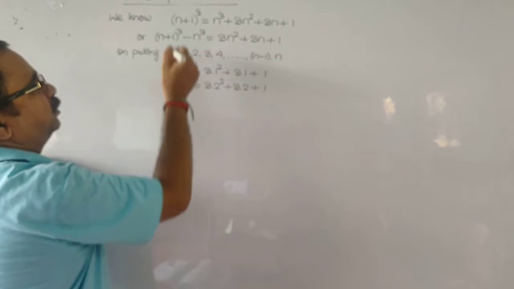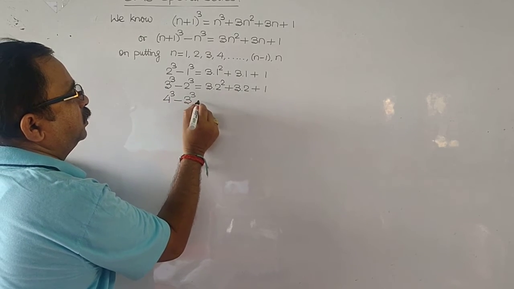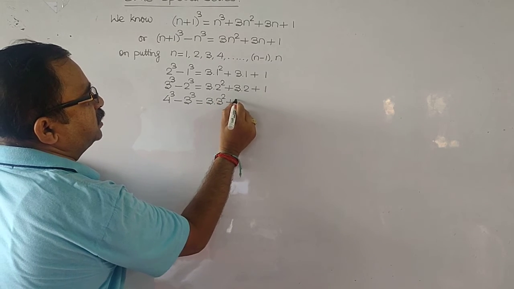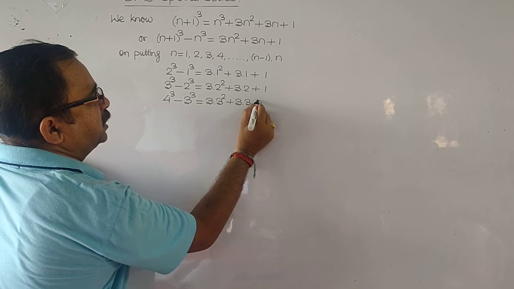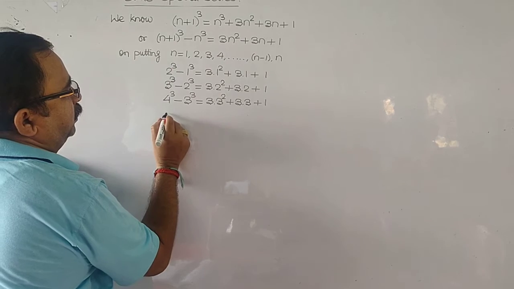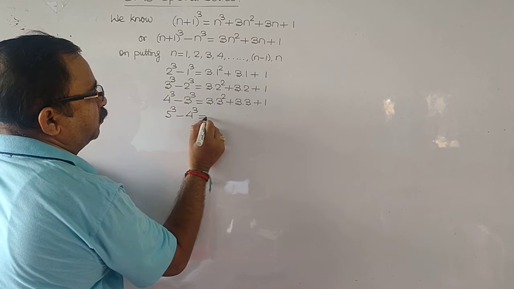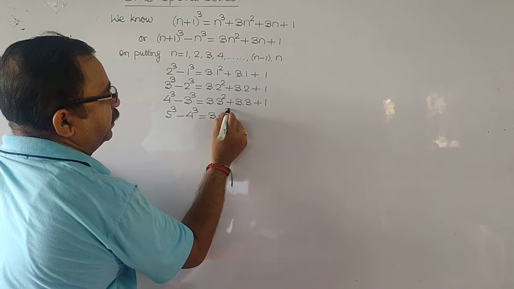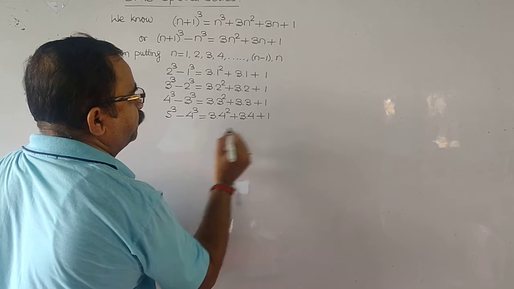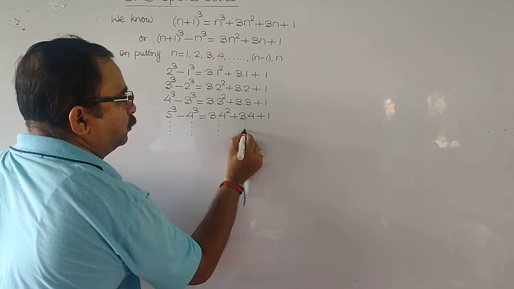When we substitute 3, this will be 4 cube minus 3 cube equal 3 into 3 square plus 3 into 3 plus 1. When we substitute 4, this will be 5 cube minus 4 cube equal 3 into 4 square plus 3 into 4 plus 1, and so on.